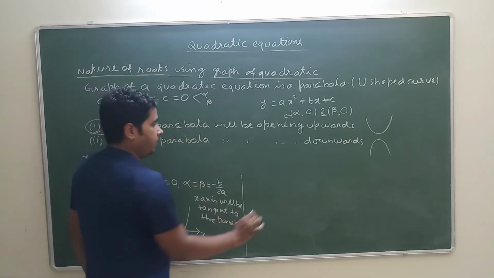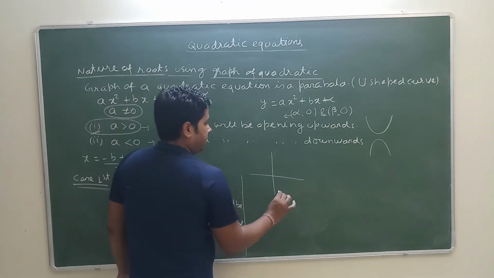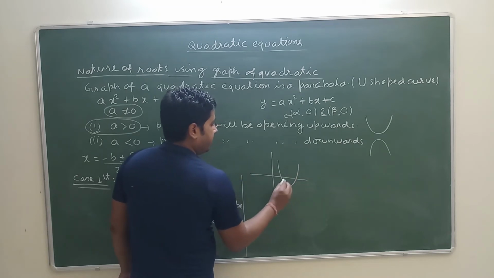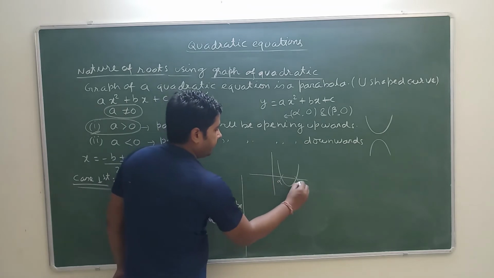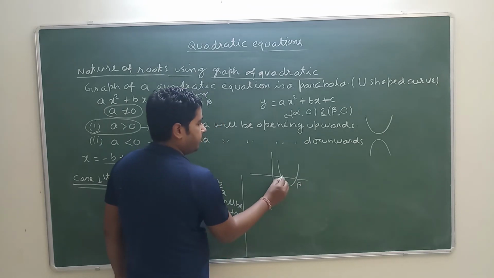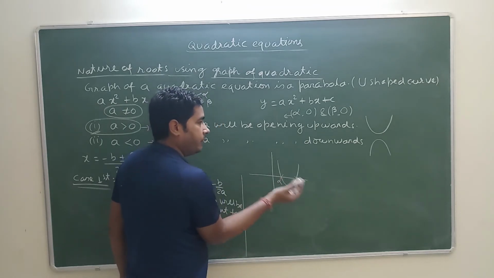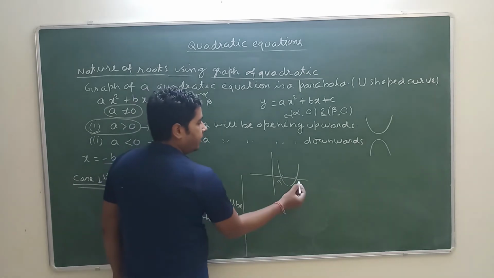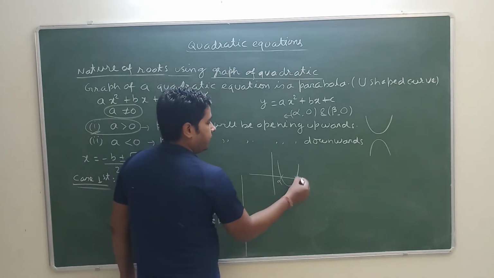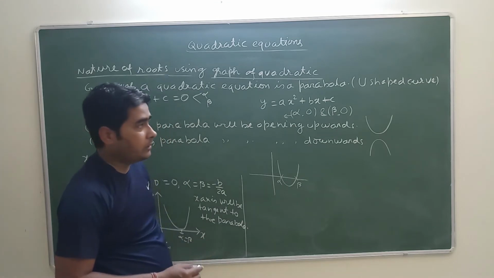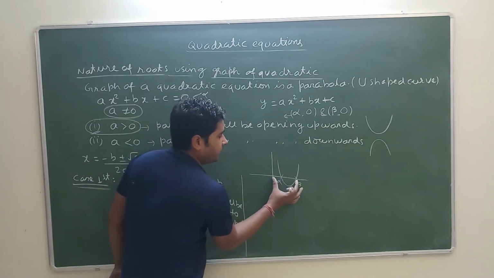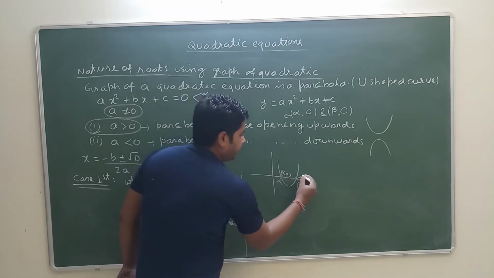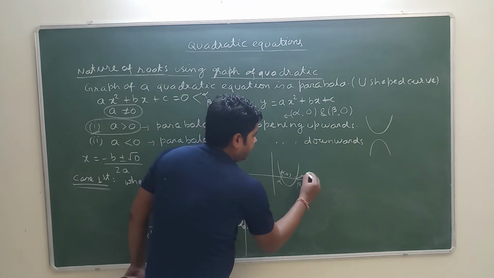Means in general we can say if the parabola is intersecting the x-axis at 2 different places, this value will be alpha and this value will be beta, because if you put x equal to this value, y will be 0, and similarly for the other. The coordinate of this point will be alpha comma 0 and the coordinate of this point will be beta comma 0.